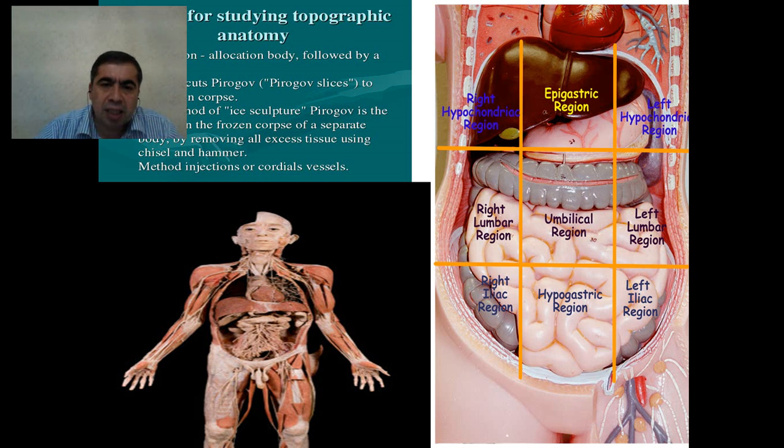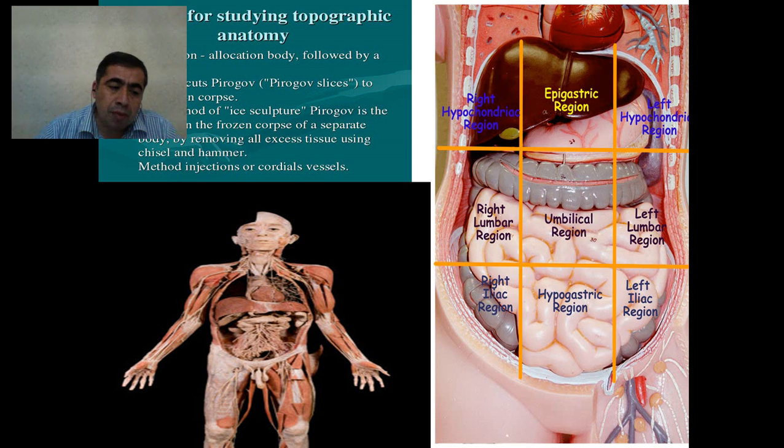Yes, this method has several problems, because by using this method of injection, we can't fill the very small branches, and of course the small branches sometimes have great importance for the result of a surgical operation.